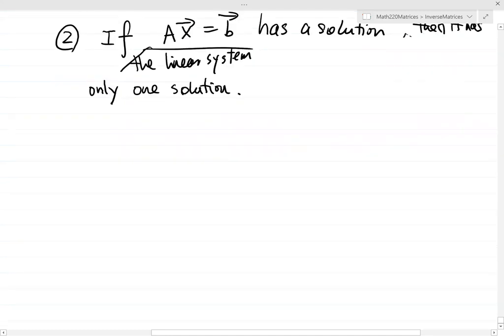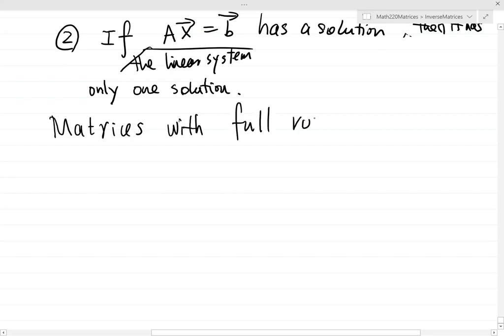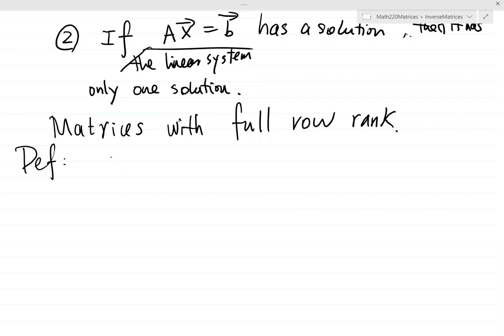Matrices with full row rank. Definition: we define a matrix to have full row rank if all its row vectors are linearly independent.